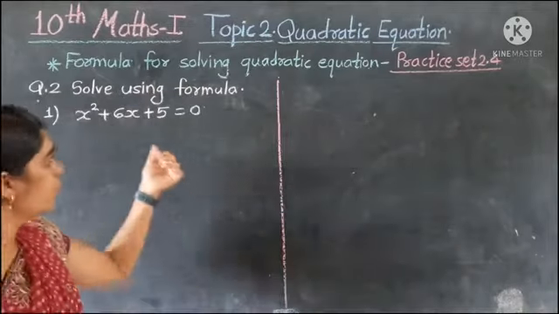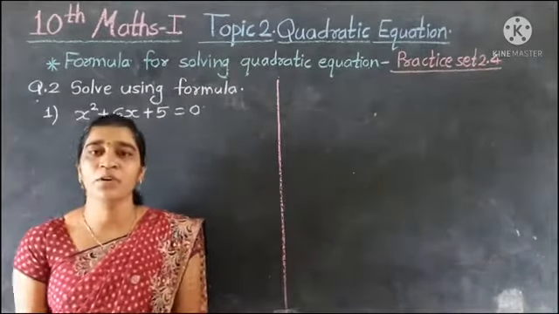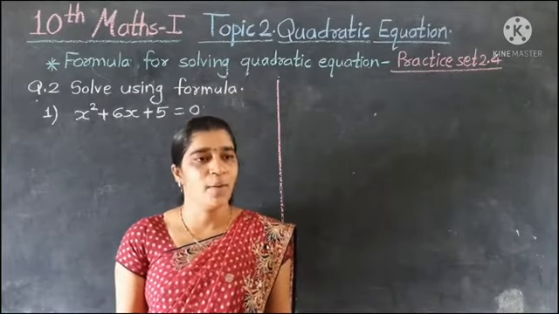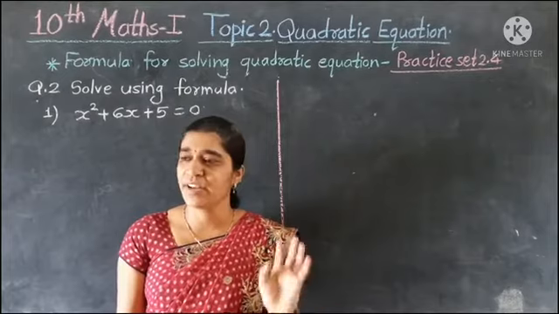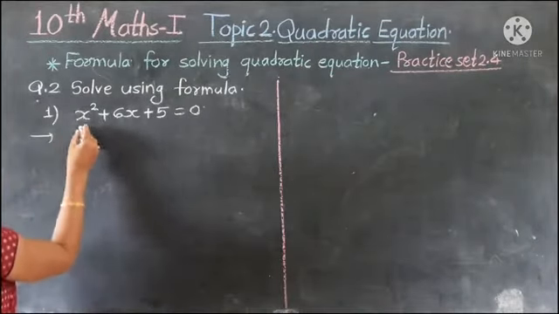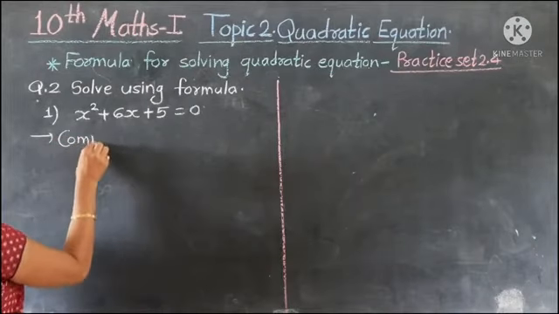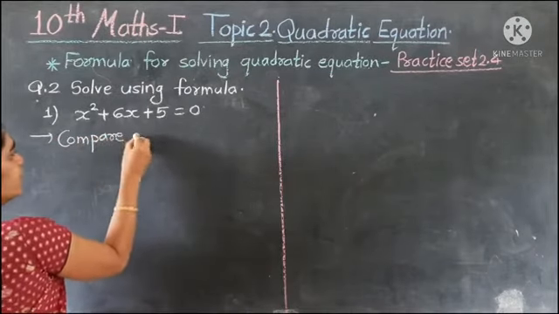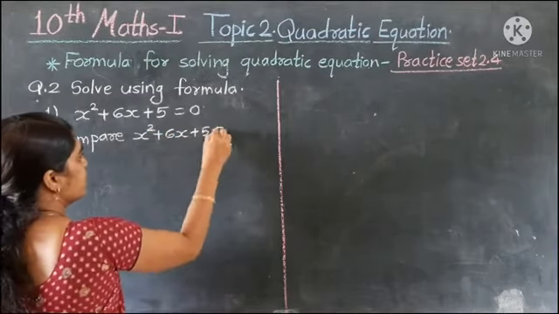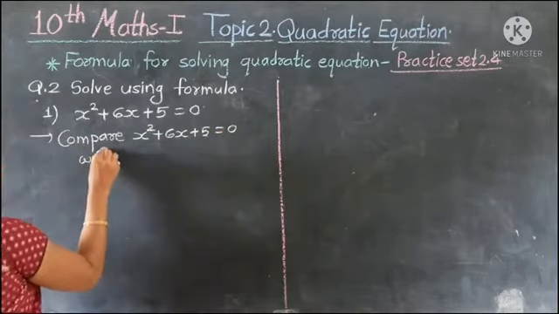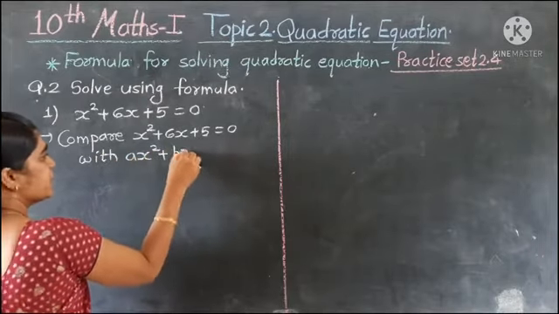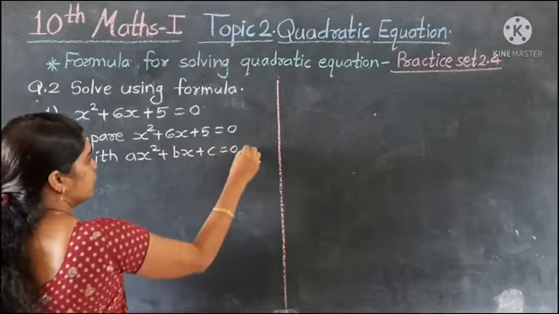So for the formula method, which is the formula? x is equal to minus b plus or minus root b square minus 4ac upon 2a. So we first find a, b, c. Okay, let's start. This is in the standard form. So compare x square plus 6x plus 5 is equal to 0 with ax square plus bx plus c is equal to 0.